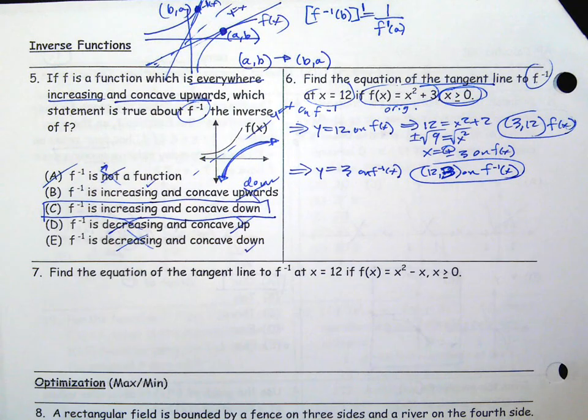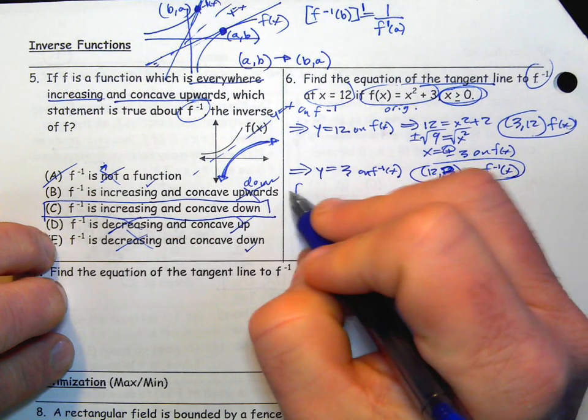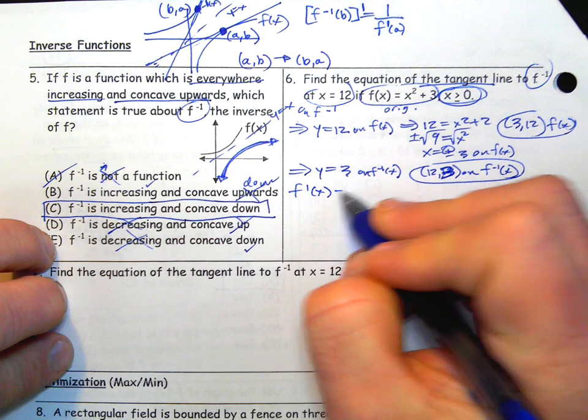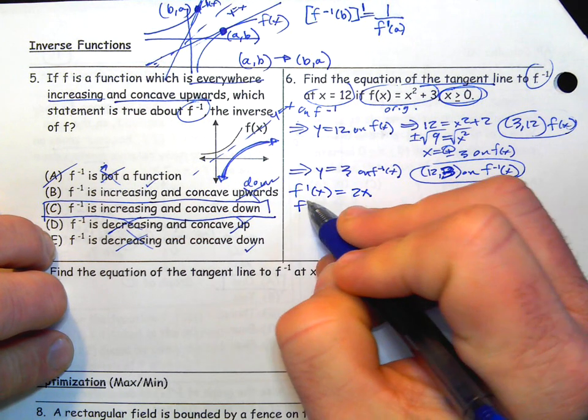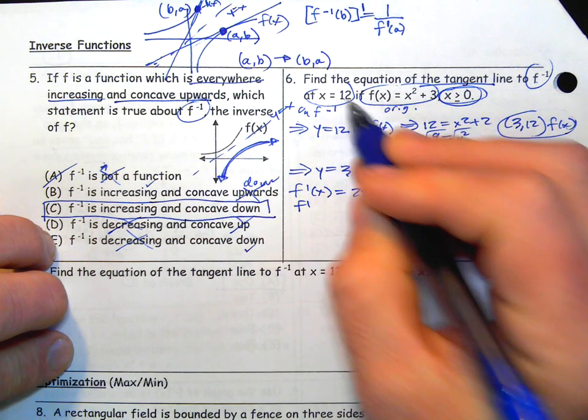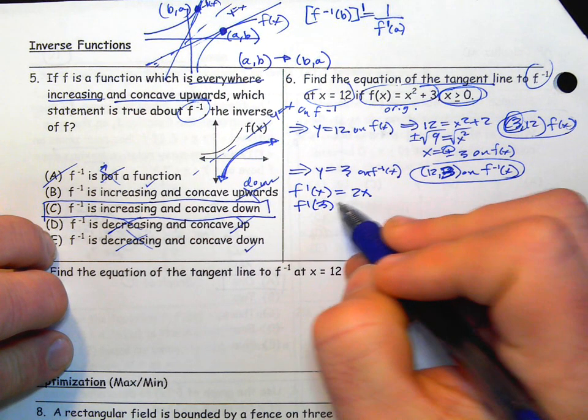Now, what I'd like to do is use this little thing right here and just find the slope of f, because that's super easy. It's just easy, and you don't have to do any other extra work. And then we've got to make sure we don't plug 12 into it. We plug 3 into it, because that's the x value on that.